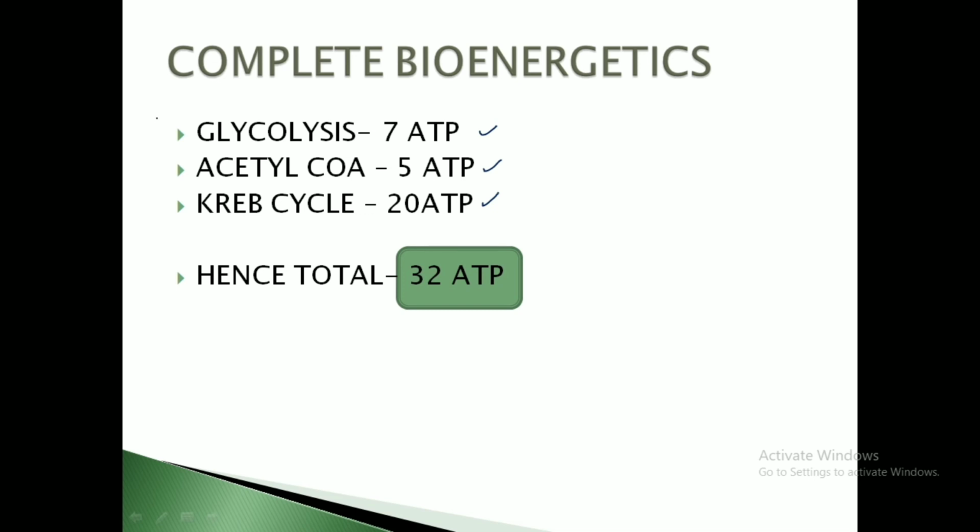So after calculating all the ATPs from each of the processes, we have in total 32 ATPs produced in case of the aerobic respiration. The last step, that is the electron transport chain, actually helps in the sequential pumping of the electrons from the intermembrane space into the matrix for the final ATP production.